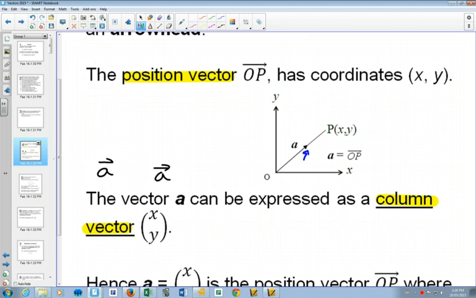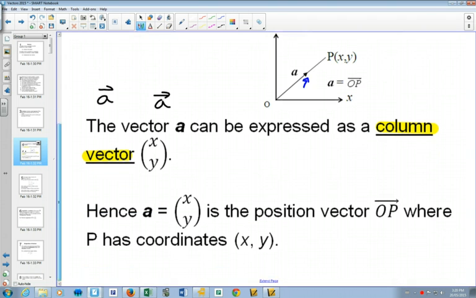Now a column vector here with an x and a y tells you you have to go over in the x direction a certain amount and then up. Almost looks like a matrix. So (x, y) is the position vector where P has the coordinates x comma y. So you can show any point on a coordinate plane as a position vector.